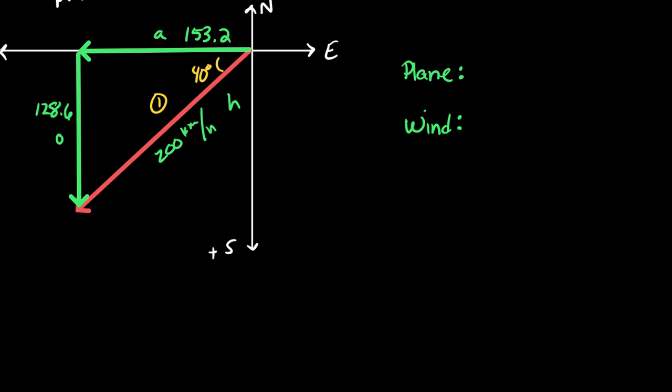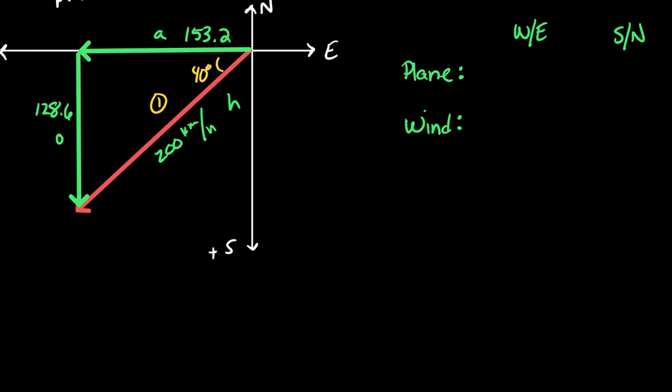The plane will have components in the west-east direction and in the south-north direction, right? West-east is like saying the X direction, and south-north is like saying Y direction. We all good?